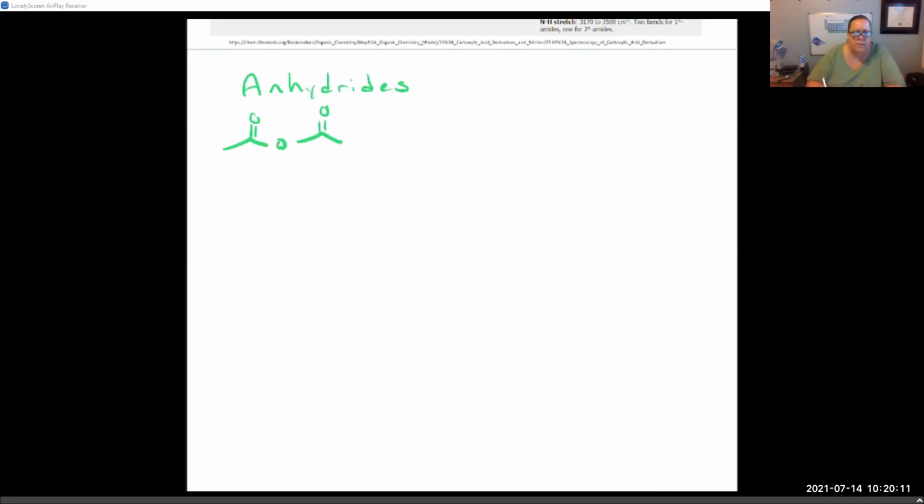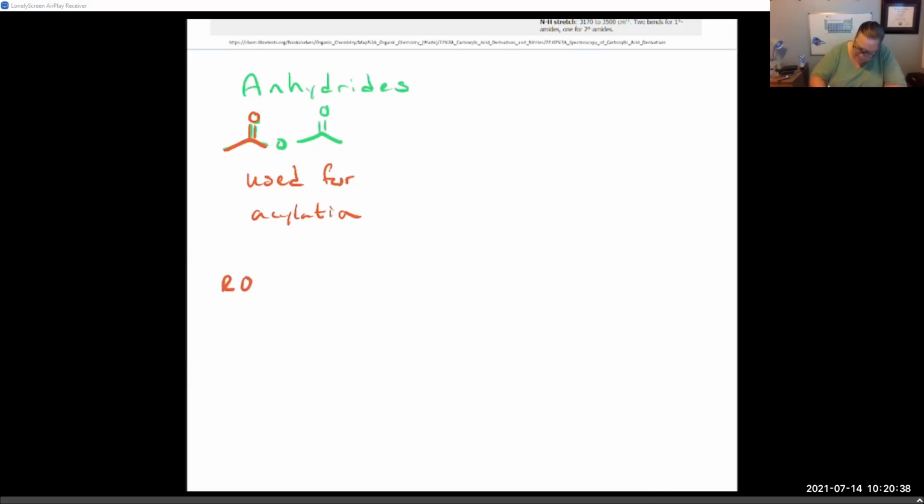So these anhydrides, okay, they're excellent. Typically, we use them for acylation. What does that mean? I can take this group right here and add it to a functional group, for example.